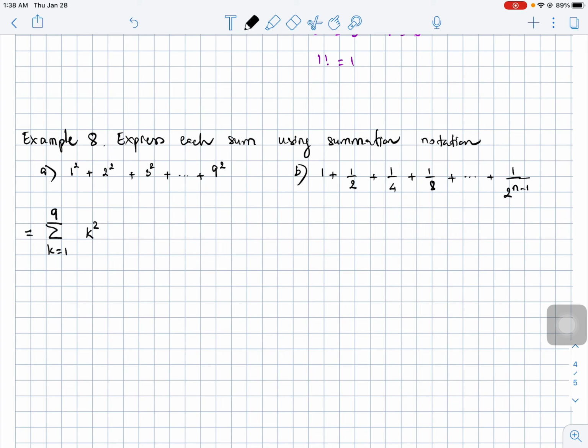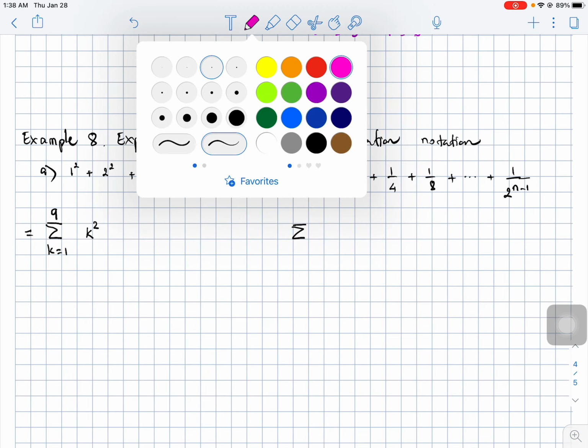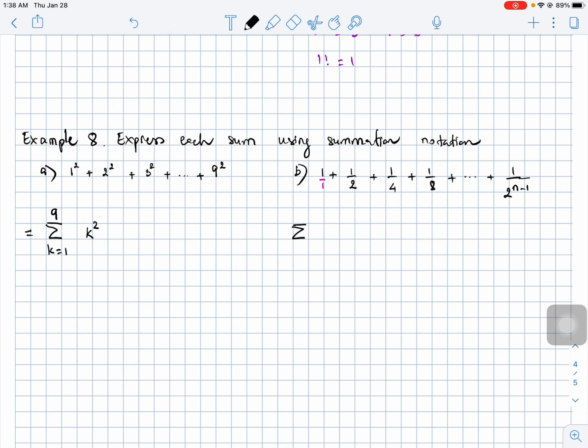For problem B, we have the summation notation. The first term we can write as 1 over 1 so that we have a fraction. On the top we just have 1, 1, 1, 1, so that is a constant. In the bottom you notice that you have 2 to the 1 for 2, 2 to the 0 for 1, 2 squared for 4, 2 to the third power for 8, and so on.